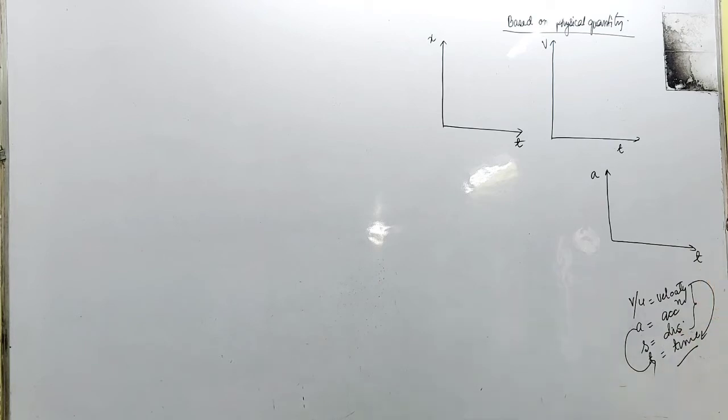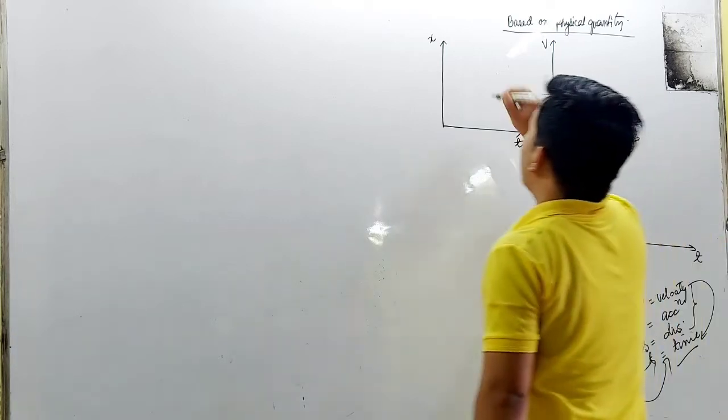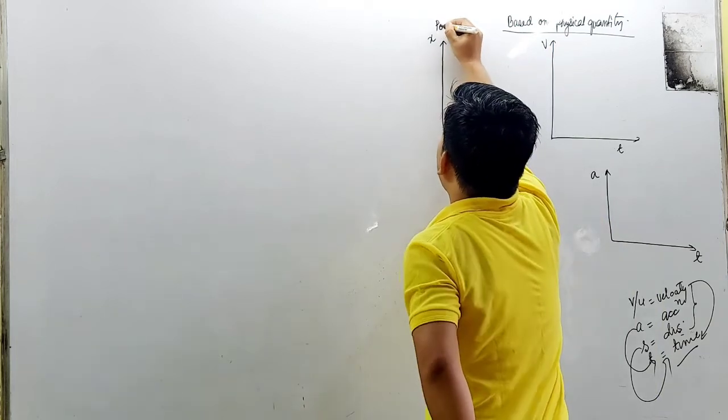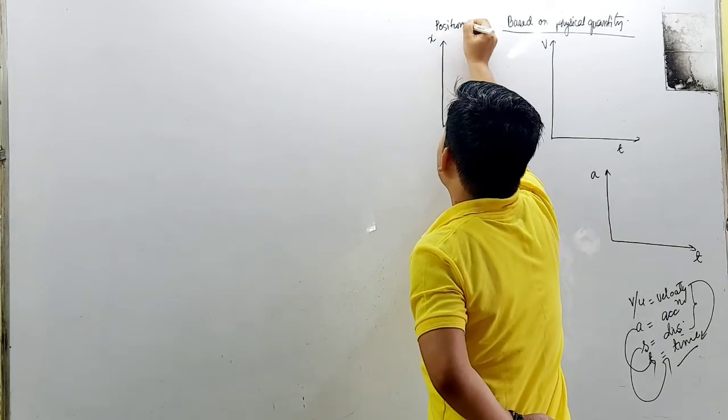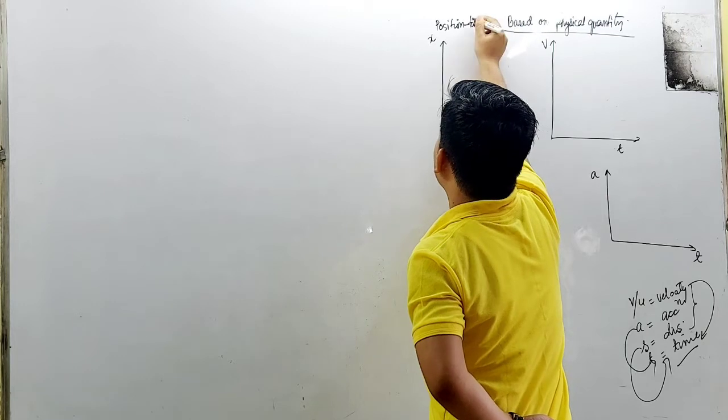The change of displacement with respect to time will be represented by our first graph. Based on physical quantity, we will have a displacement time graph or position time graph. They have the same name, same consideration.